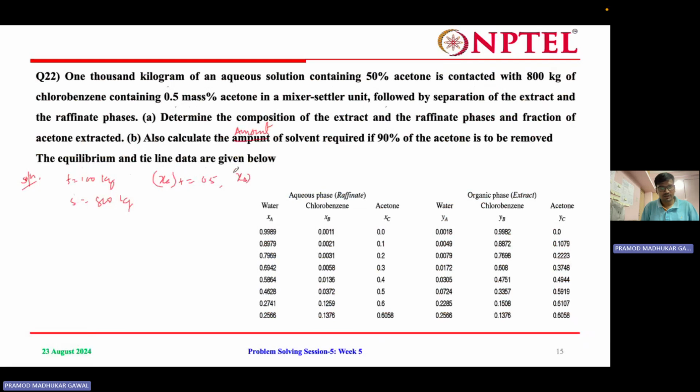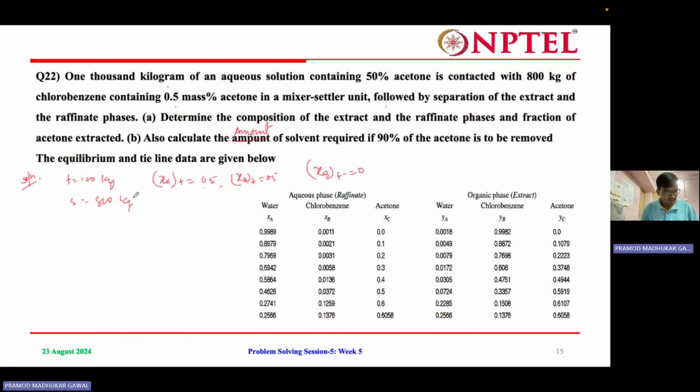Mole fraction of A in the feed is 0.5, right? So here in this feed, mole fraction of the solvent is 0, right? So xb in the feed is equal to 0, right?